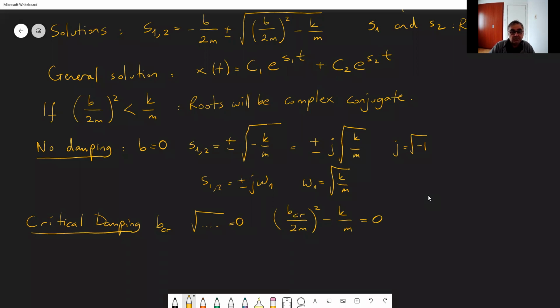Okay, in this case, we are transitioning from complex roots to real roots or vice versa. So if you pass it to the other side and multiply, we will have b critical squared equals 4mk, or b critical equals 2 root mk.